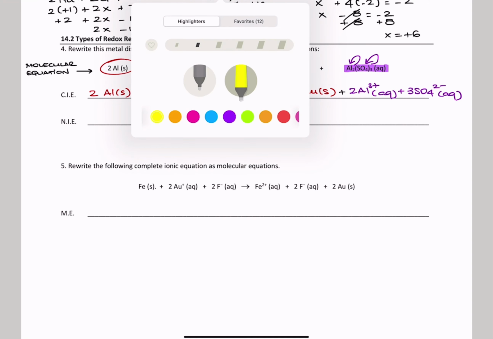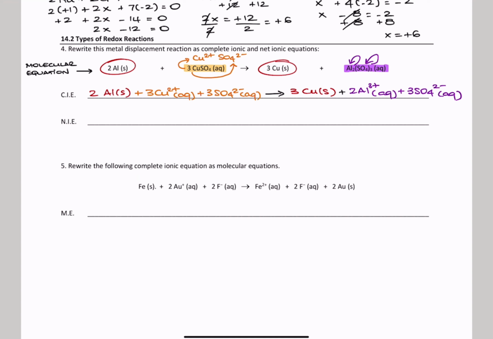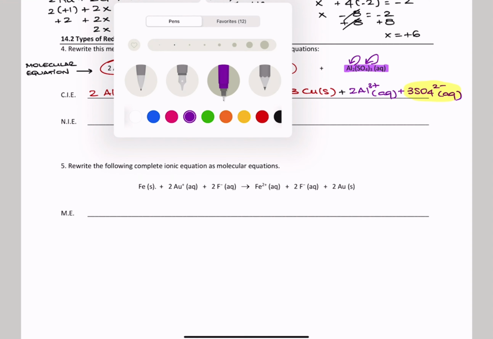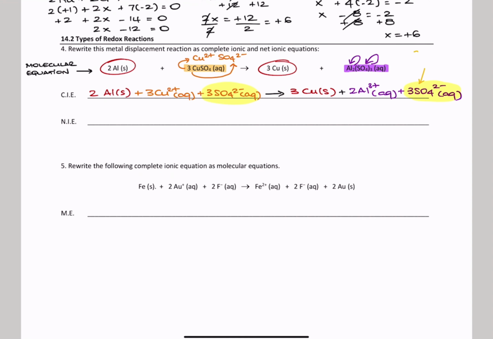In this equation, we now need to identify the spectator ions. Spectator ions are the same on each side of the equation. So here, the sulfate polyatomic ions are the spectator ions. In order to write the net ionic equation, we're going to remove them.